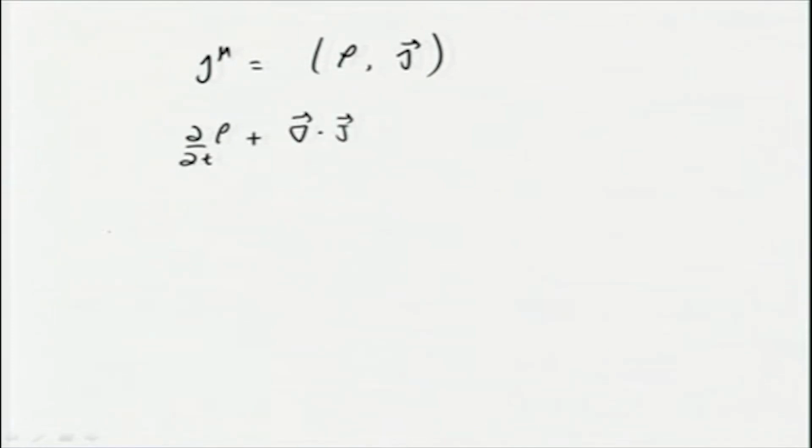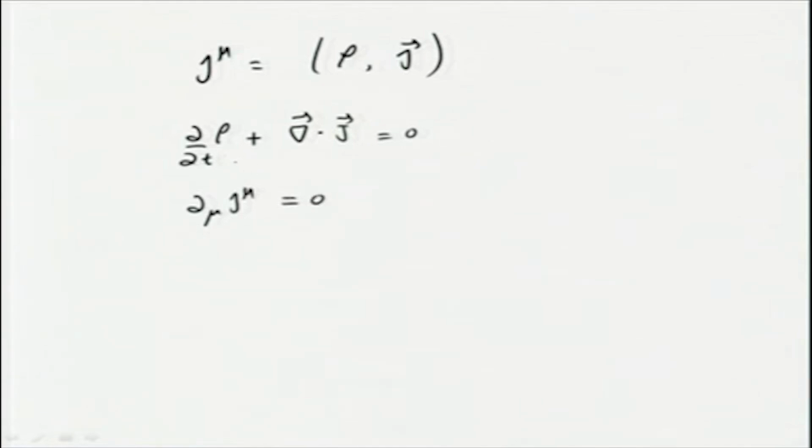Okay, just before we come to the interpretation of this, I can write a more compact current j^μ with components rho and the j vector, and the continuity equation ∂/∂t of rho plus divergence of j equal to 0 then becomes ∂_μ j^μ equal to 0.